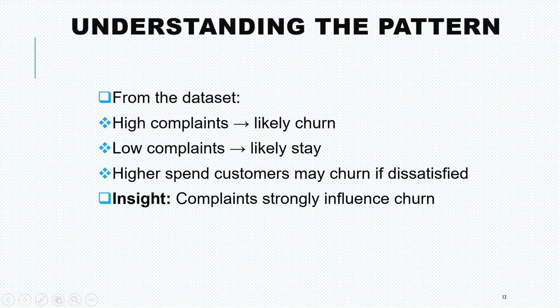This simply means that if the person does not complain, the person is satisfied with whatever service or product you are rendering. Higher spend customers may churn if dissatisfied. So complaint strongly does what? Influences churn. That is what we just observed.